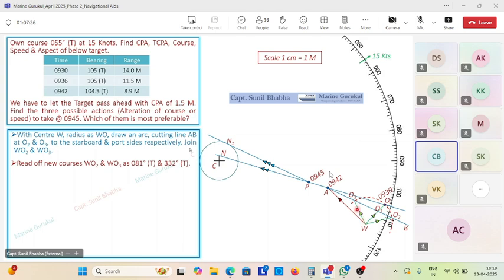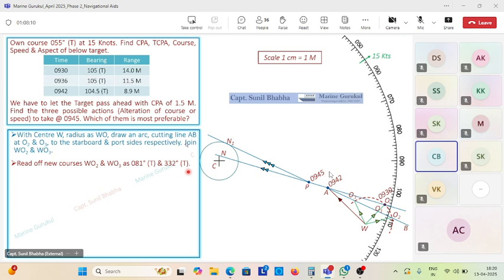We can now place our parallel ruler along line WO3, use the graduations on the circumference and measure our new course, WO3 course. So when we measure these courses, course WO2 comes as 081 degrees true. This is the first course alteration option to us. And WO3 comes to be 332 degrees true. This is the second course alteration which is available to us.